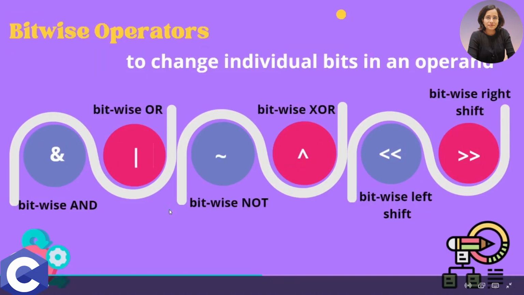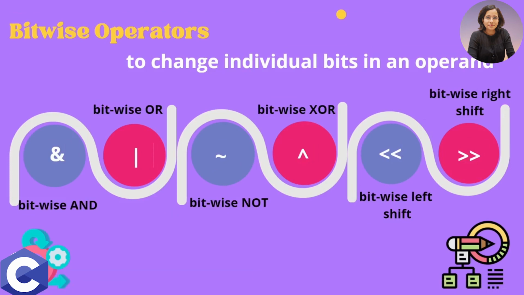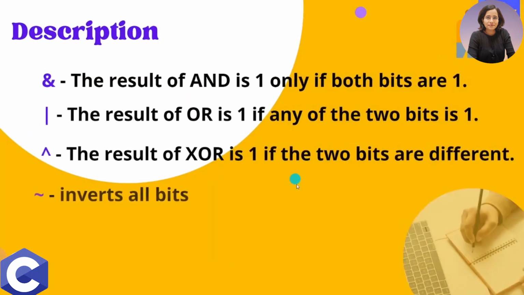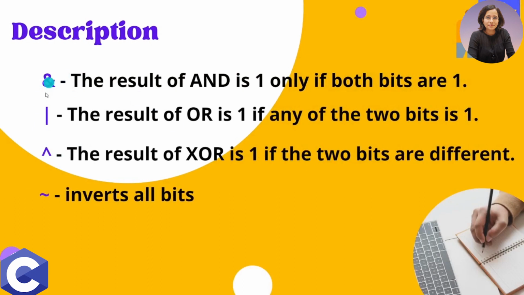The next set of operators are bitwise operators. Bitwise operators work on bits. There are a total of 6 bitwise operators. The first is bitwise AND, the second is bitwise OR, third is bitwise NOT, fourth is bitwise XOR, the fifth is bitwise left shift, and the sixth is bitwise right shift. Let me explain the working of these bitwise operators.